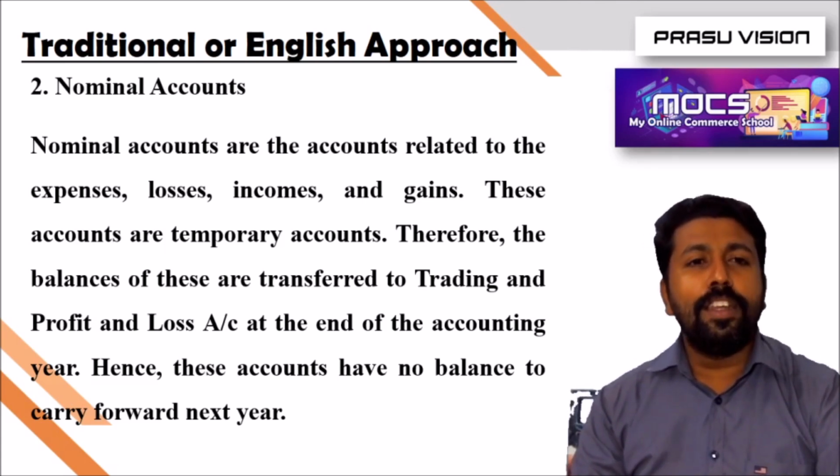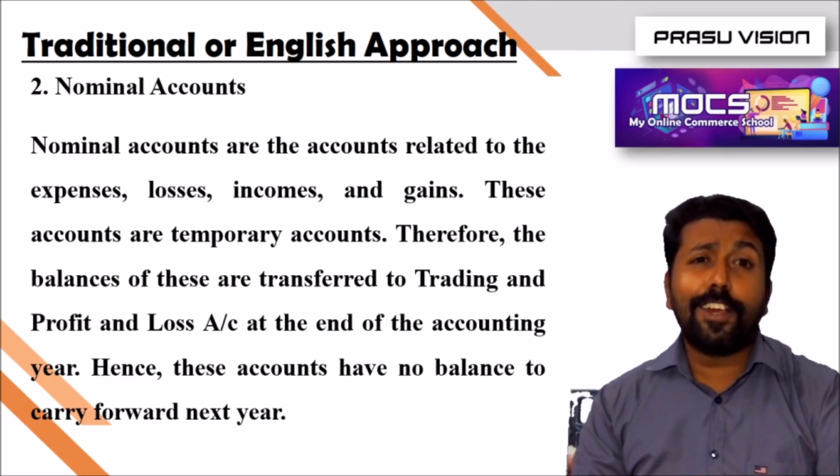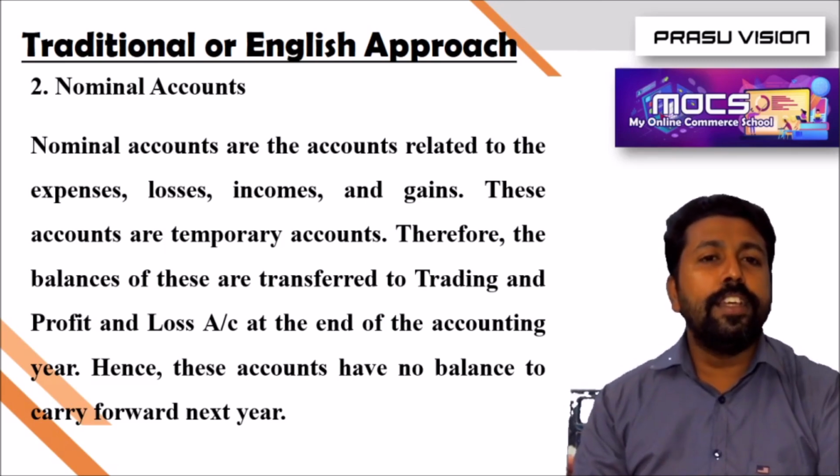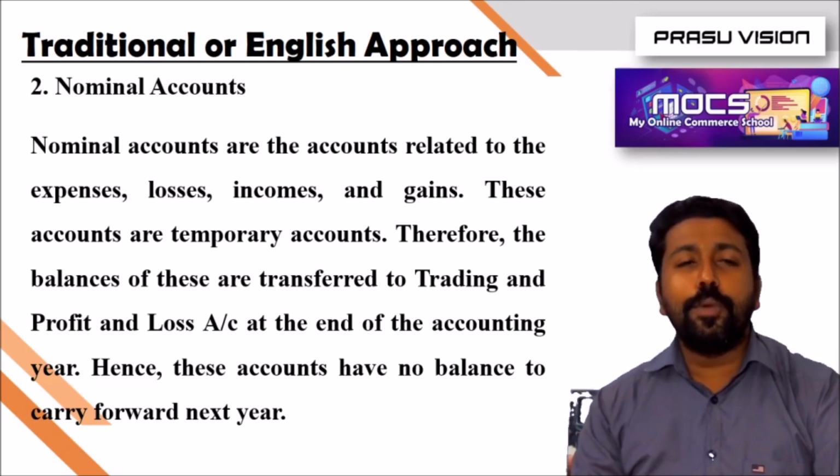So please remember the rules we have to learn for recording the transactions after identifying whether it is a personal account or impersonal account. And in personal account also, we have to identify whether it is an artificial person, natural person or representative person.